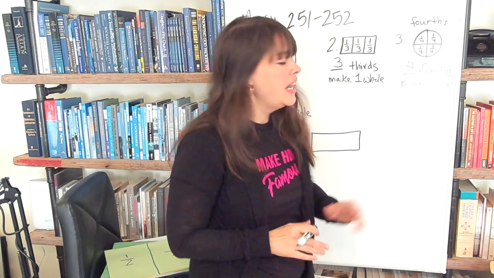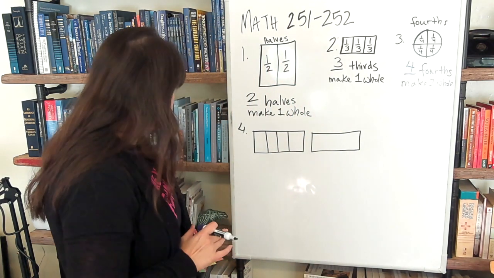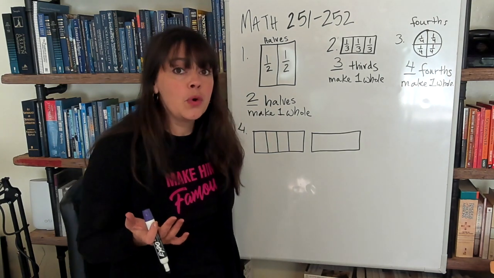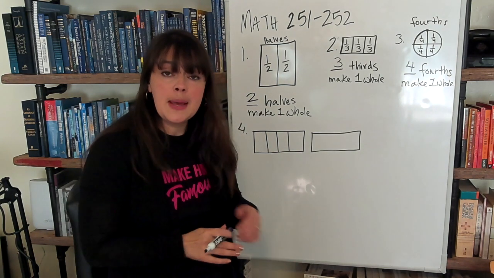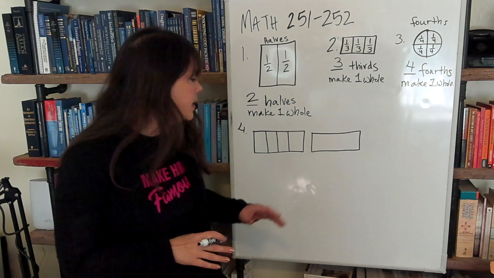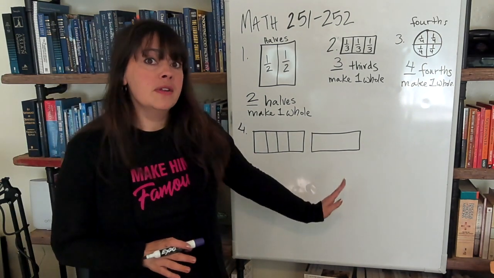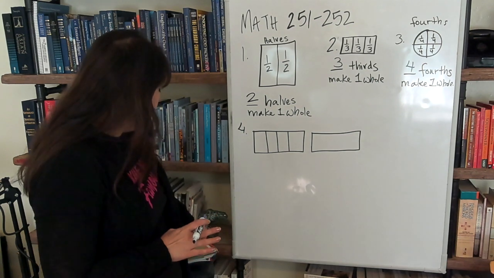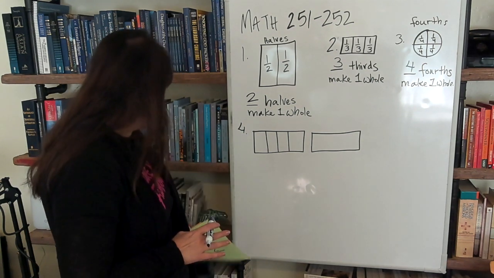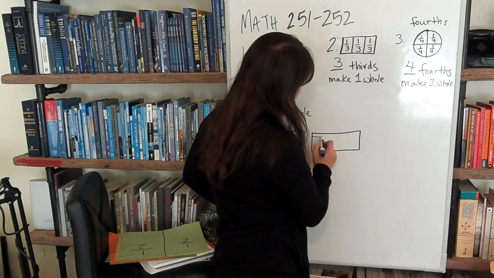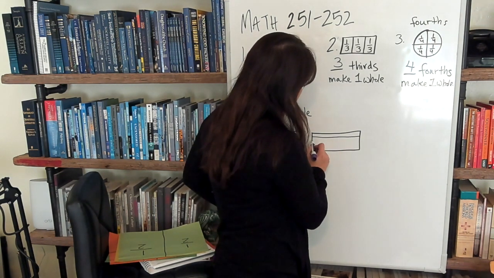All right? Now, after you've done this, they're going to ask you to think of another way. Sometimes there's more than one way to partition a shape into equal parts. Okay? So here's an example of a rectangle into fourths, but can we do it another way? Is there another way to partition this shape into fourths? So we can go this long way.